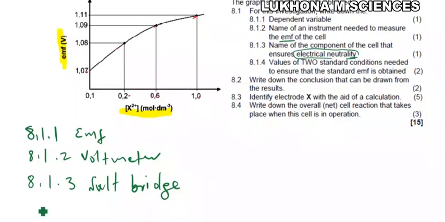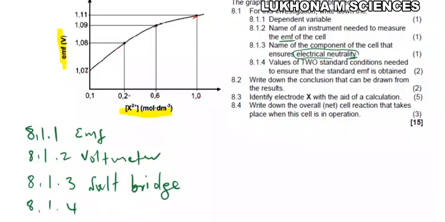8.1.4. Write down the values of two standard conditions needed to ensure that the standard EMF is obtained. So it should be the temperature. They say the values.